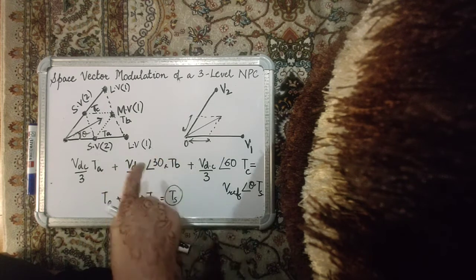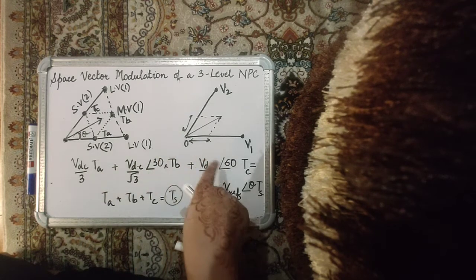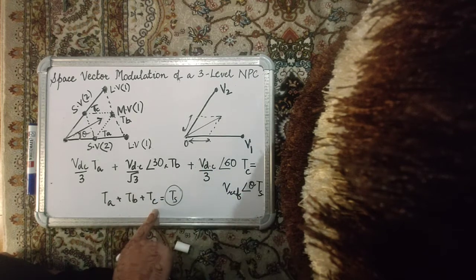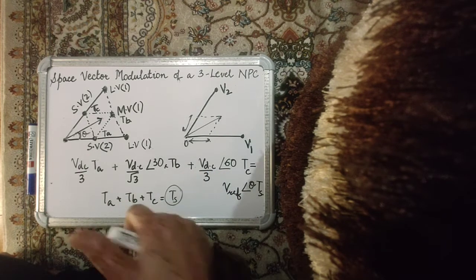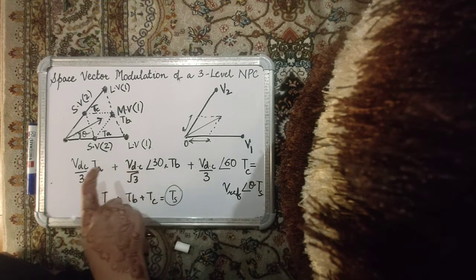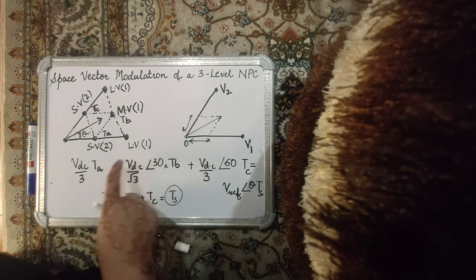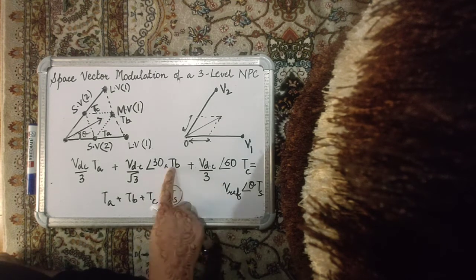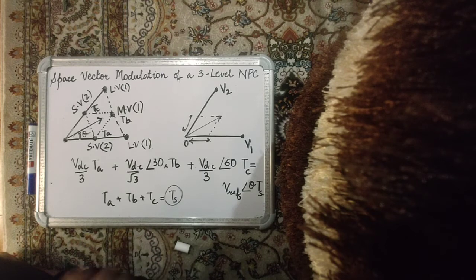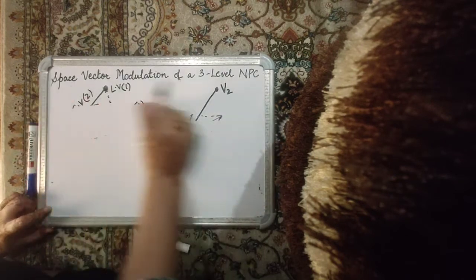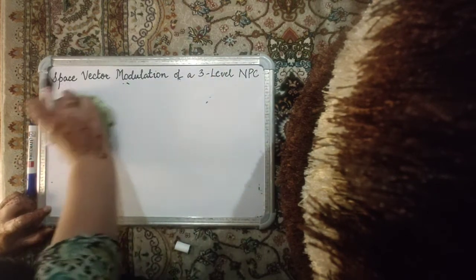Equating the real parts gives one equation, equating the imaginary parts gives another, and this is your third equation. Three variables ta, tb, tc and three equations, so you can simply find the time intervals for which each state has to be switched.